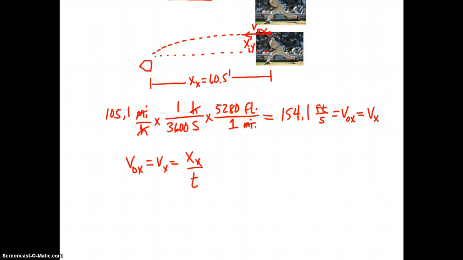So we have 154.1 equals 60.5 over t, and so the time in the air for the ball is 0.392 seconds.